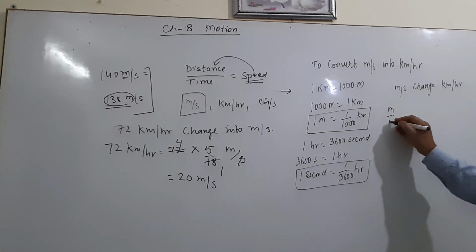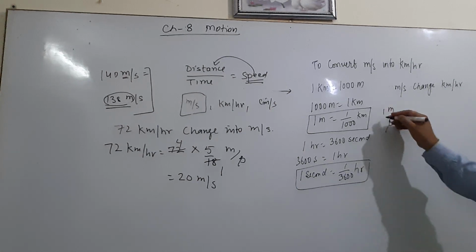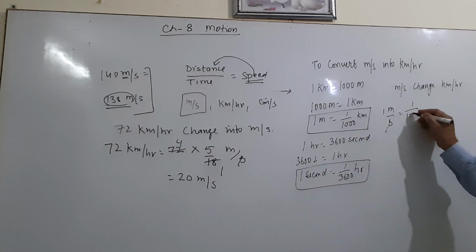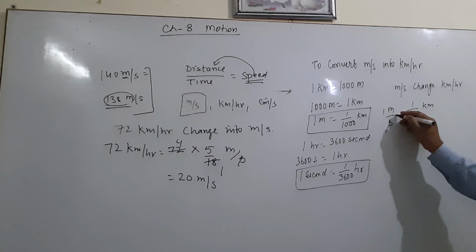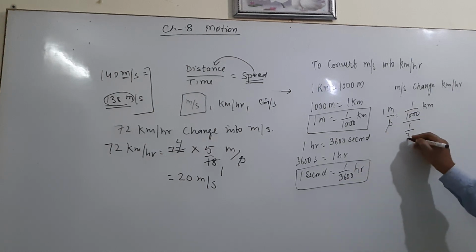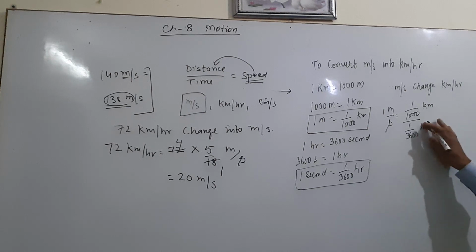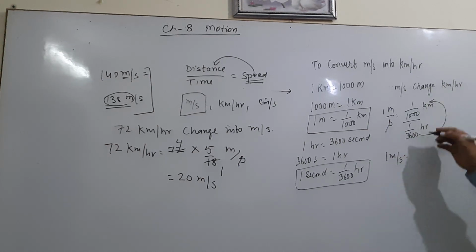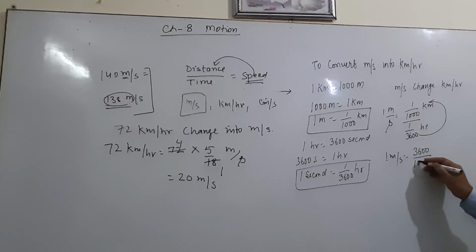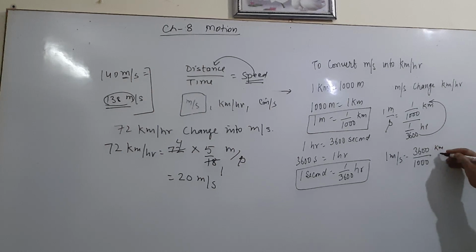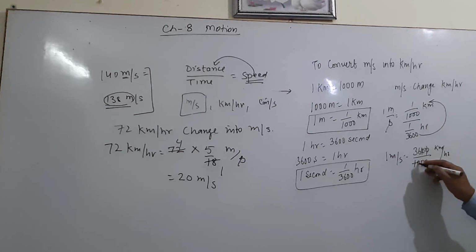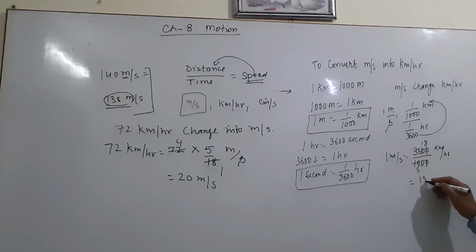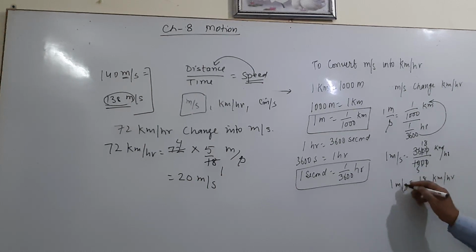What is 1 meter per second? 1 meter is equal to 1 upon 1000 kilometer upon 1 upon 3600 hour, and this 3600 will move upward. 1 meter per second is equal to 3600 upon 1000 kilometer per hour. The zeros cut and this will be 18 upon 5 kilometer per hour. This is 1 meter per second.